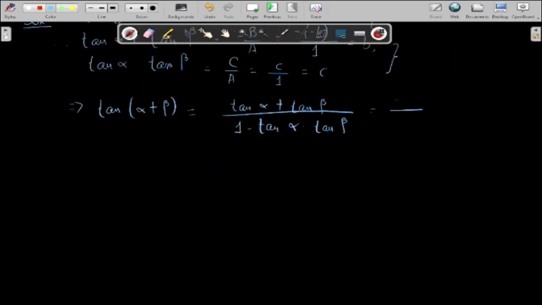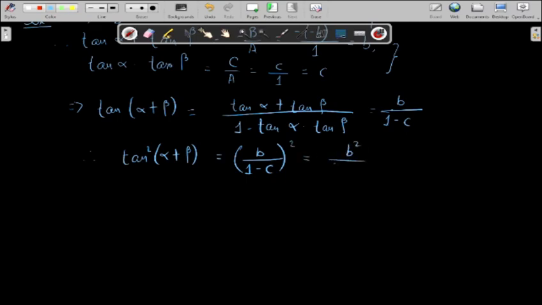So this is b, this is 1 minus c. Okay, so let's square it and see what we get. Tan square of alpha plus beta will be this b by 1 minus c whole squared, which is b squared by 1 minus c whole squared.